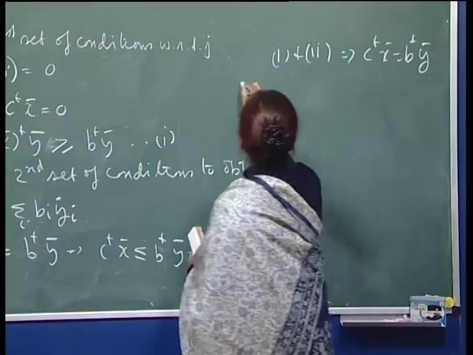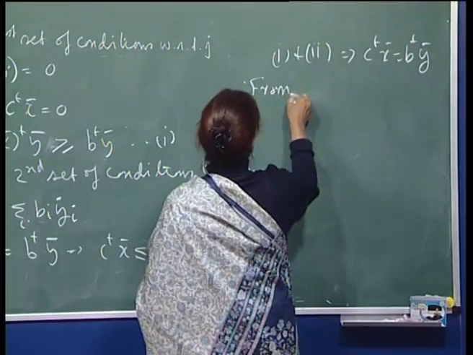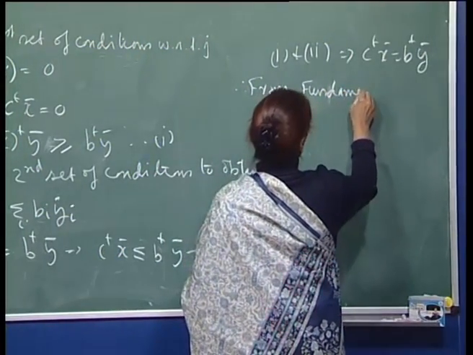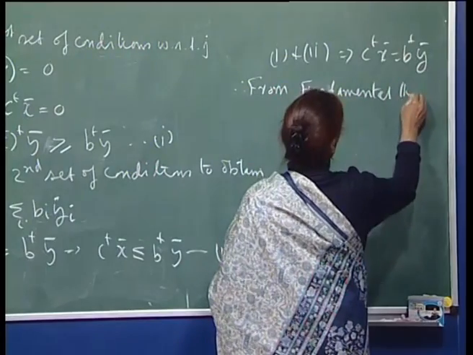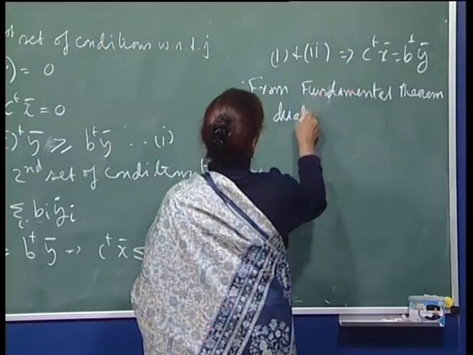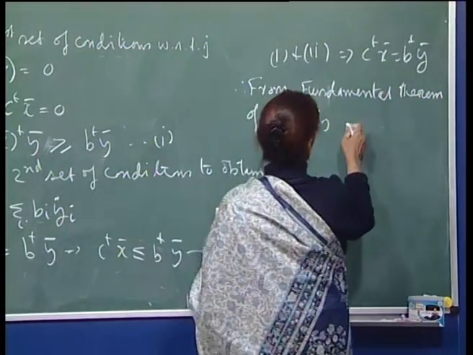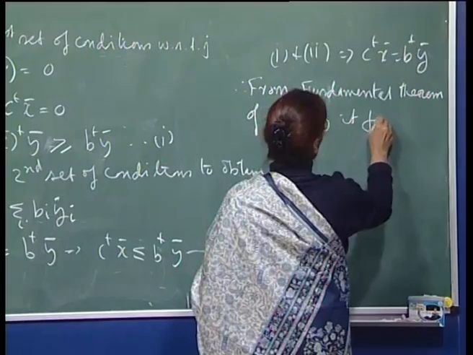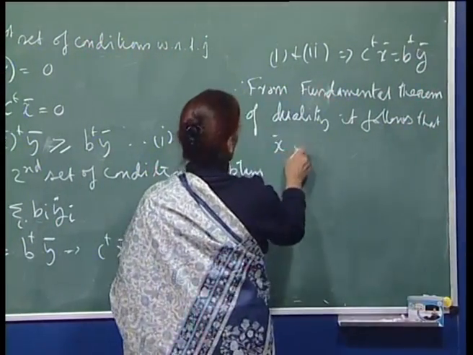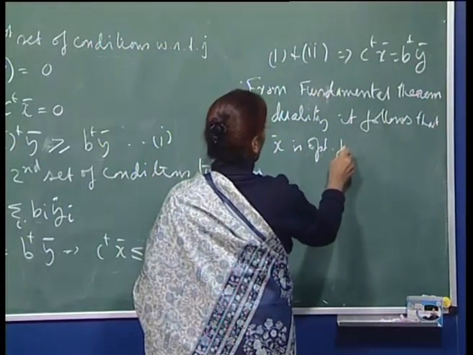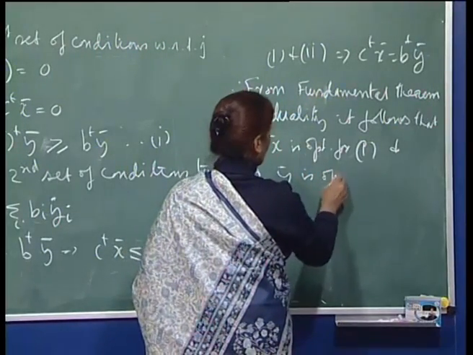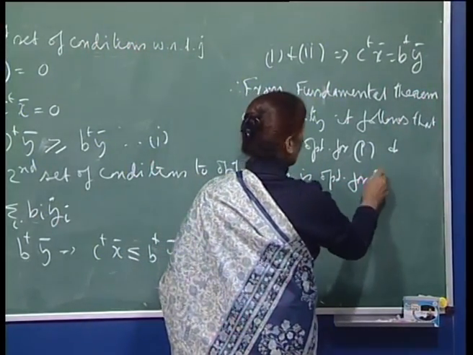And from, therefore, from the fundamental theorem of duality, it follows that x bar is optimal for P and y bar is optimal for D.